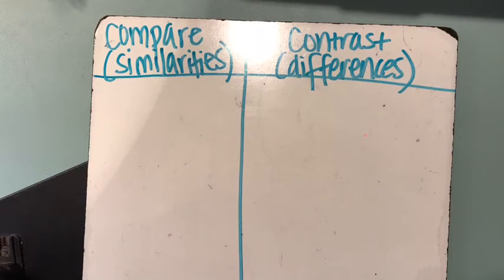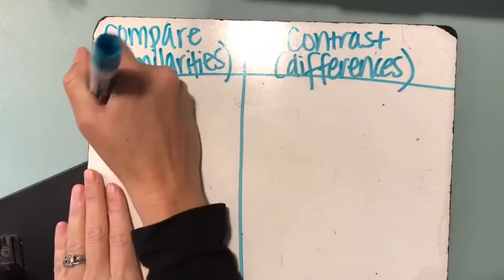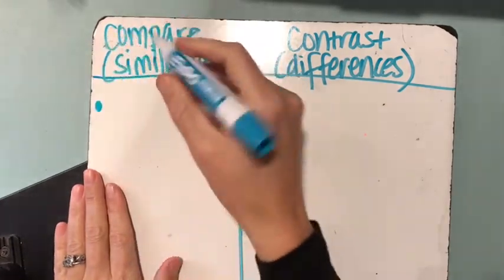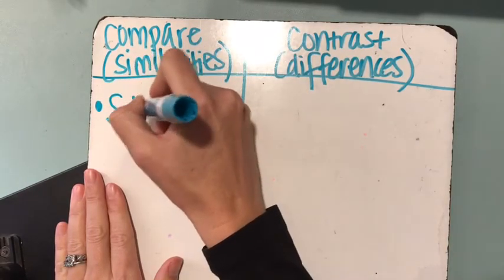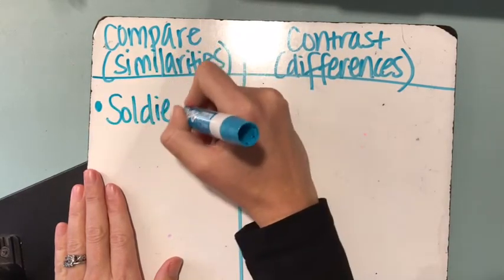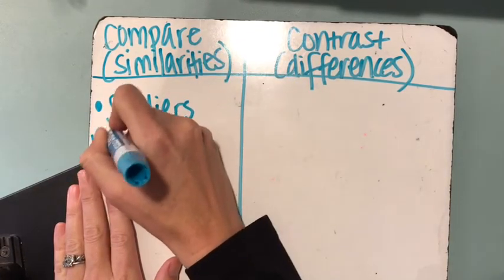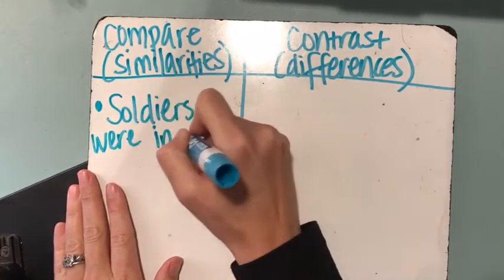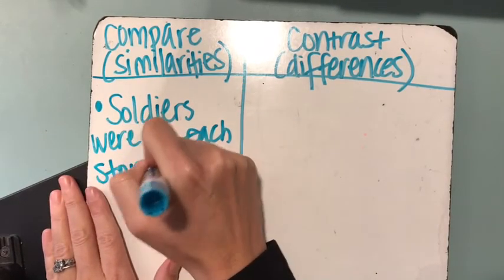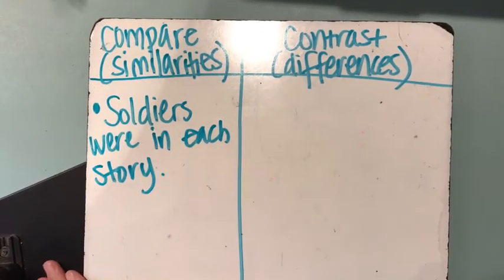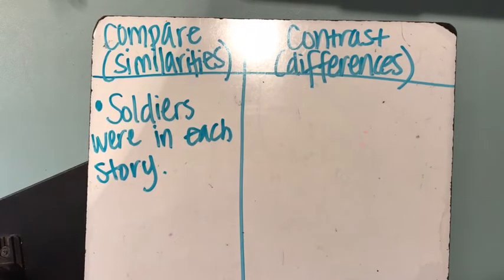Both of these stories, they have soldiers as characters. So I'm going to say that soldiers were in each story. So let's have you write that down on your piece of paper, or you're going to type it in Seesaw. Pause the video while you do that.